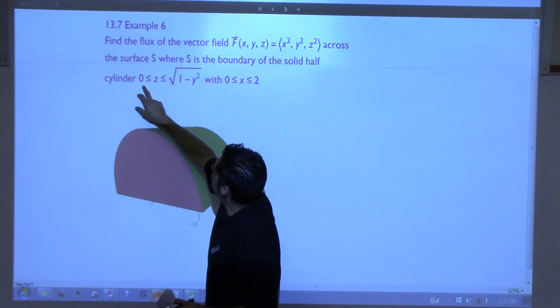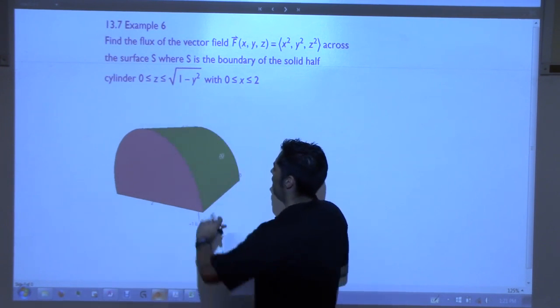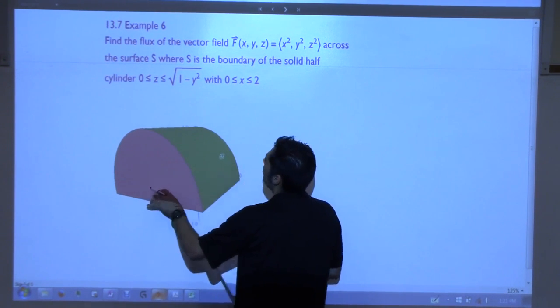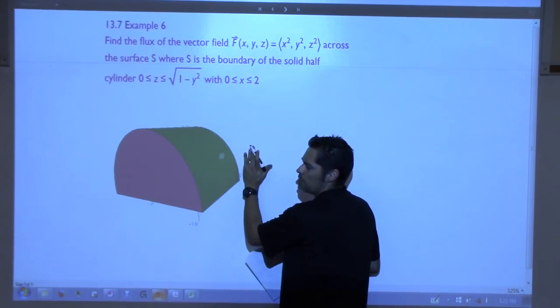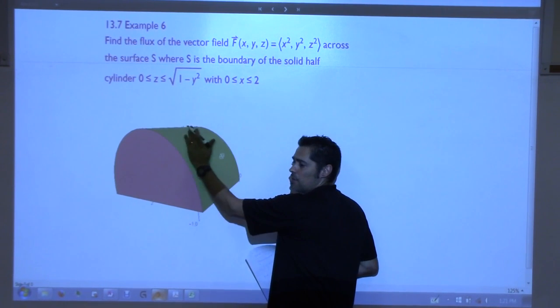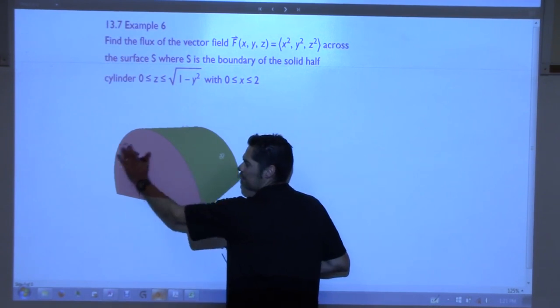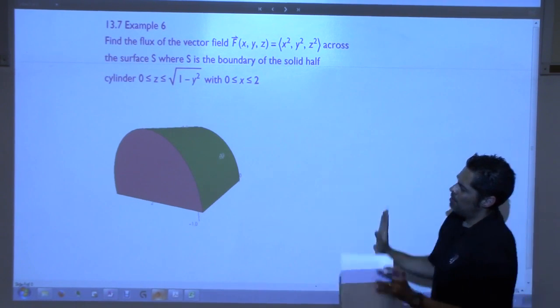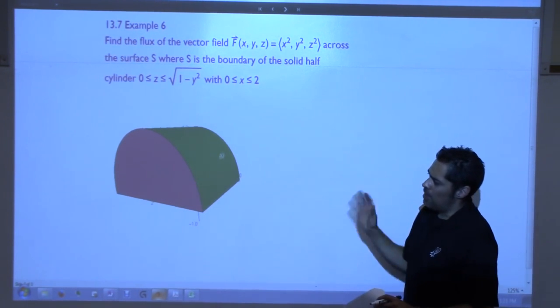Z is between 0 and root 1 minus y squared. That draws me basically this and everything inside. And then our x's are stuck between 0 and 2. So the back side of this is x is 0. The front side of this is x is 2. Understand? So two planes, the cylinder, and then we also have the bottom.